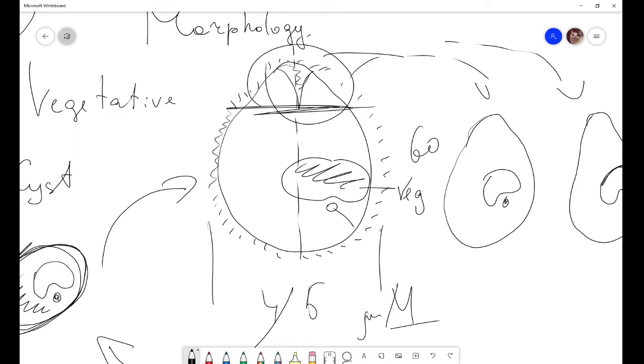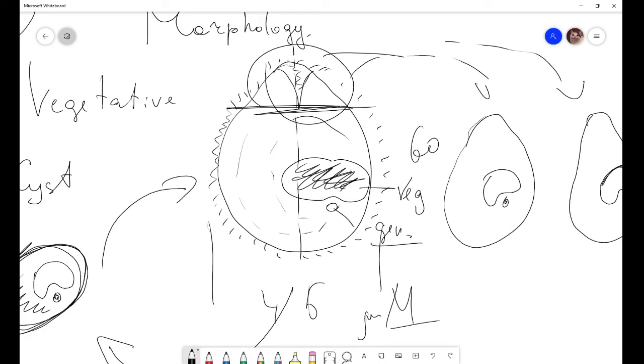The macronucleus is the head of all processes in the cell.